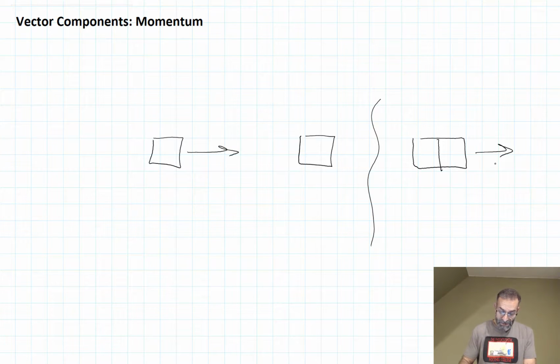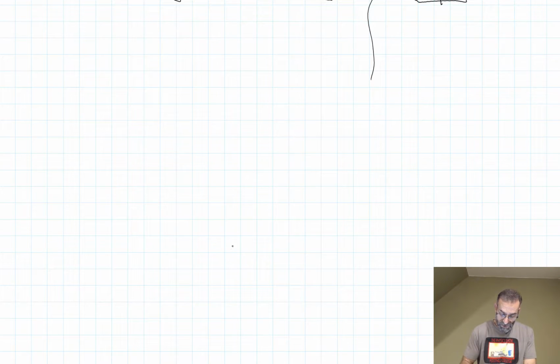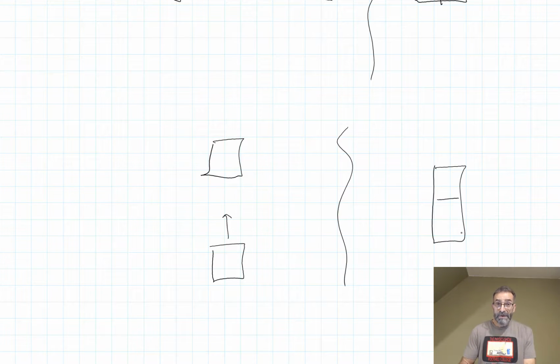And if we have an object moving in this direction and it collides with a stationary object, the two objects stuck together will continue moving in that direction.